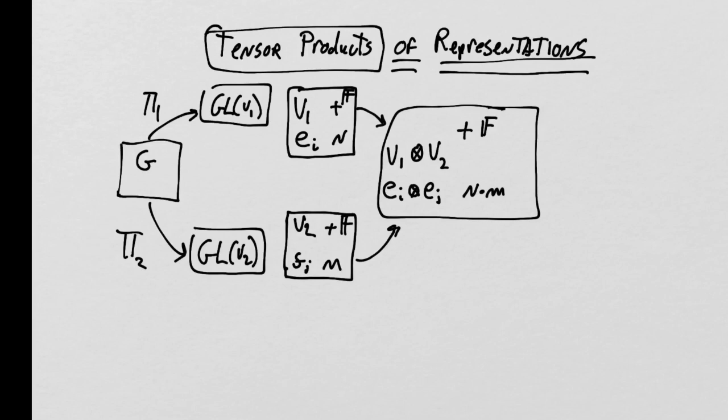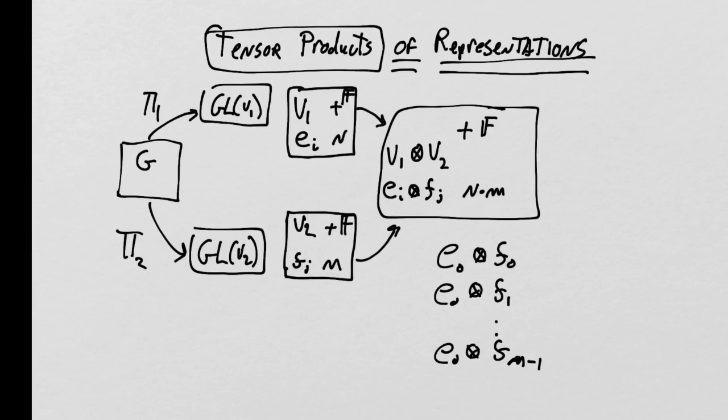Oops. This shouldn't be E_i E_j. This should be E_i F_j. So the basis vectors of the tensor product space would look like E0 tensor product F0, E0 tensor product F1, ... E0 tensor product F, let's see, if it's m dimensional, it's going to be m minus 1, right?